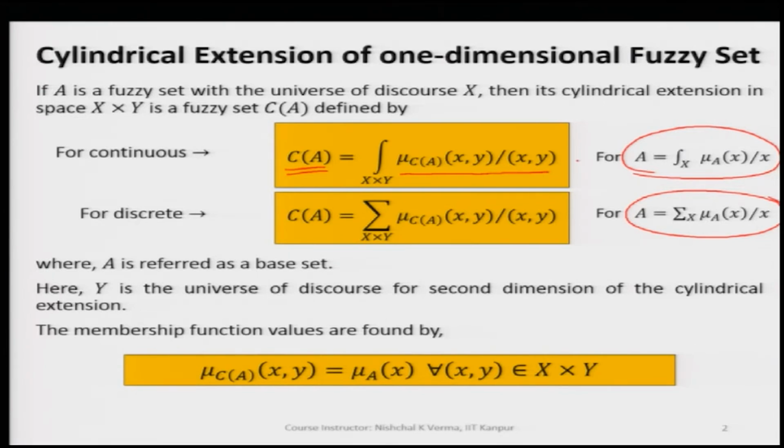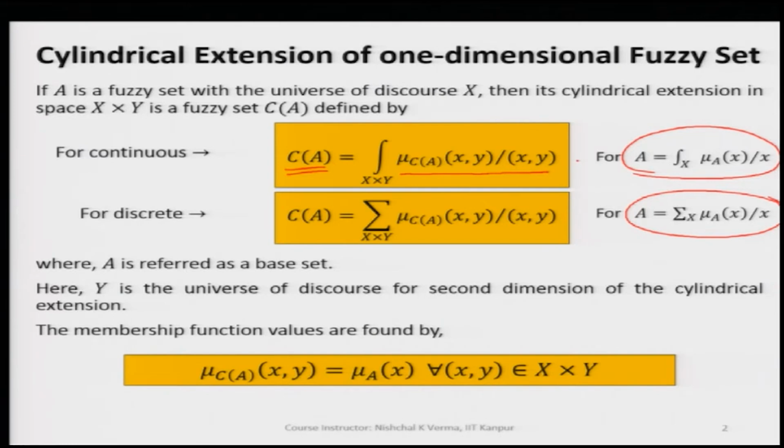So, this way we have increased the dimension, we have added one more generic variable, and that is how the extension happens.